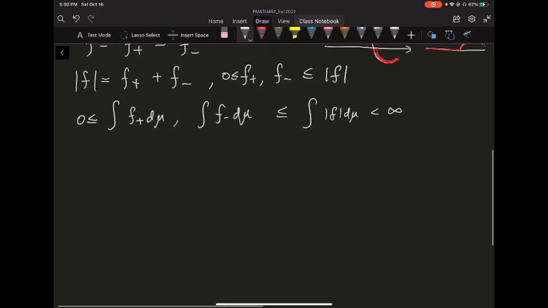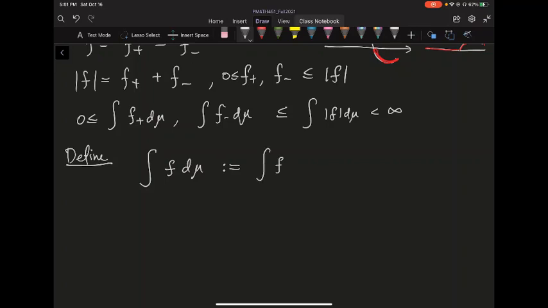So now let's abuse the notation a little bit. I want to define the integral of a real-valued function f. Here I'm still using the same notation, but I'm really making a new definition. f can take negative values, but I'm going to define it using the integral of some non-negative functions. So let's take the integral of f plus, minus the integral of f minus.